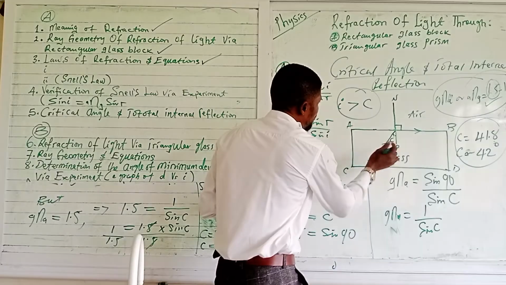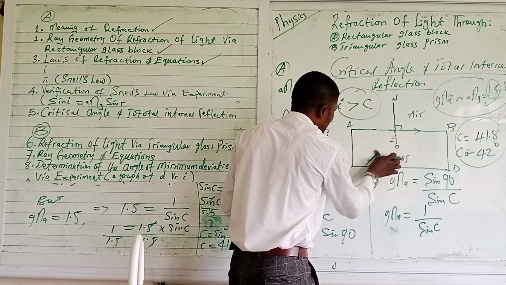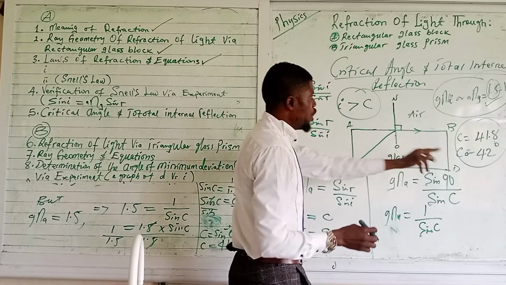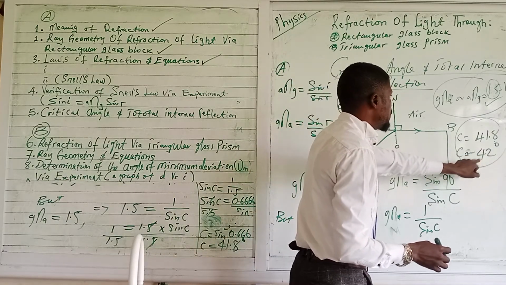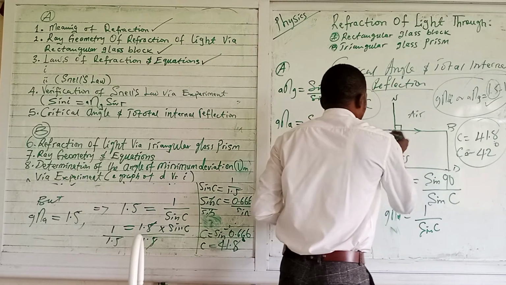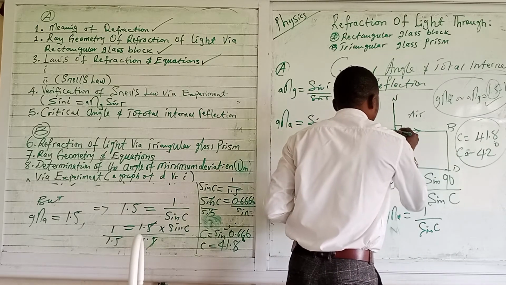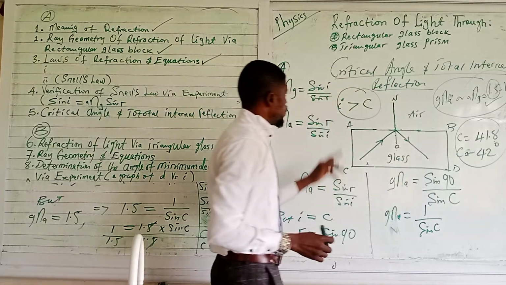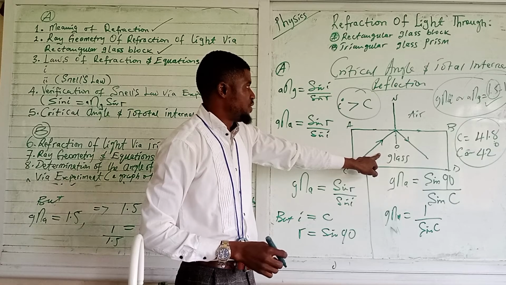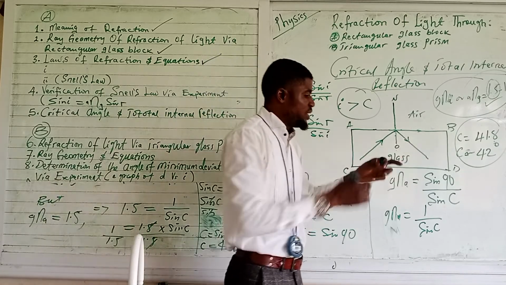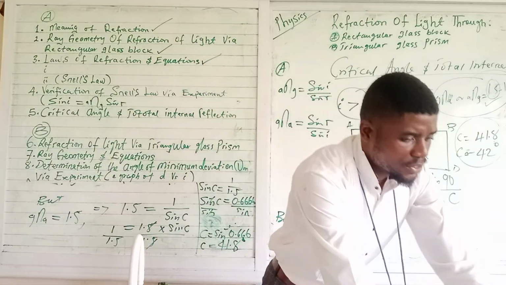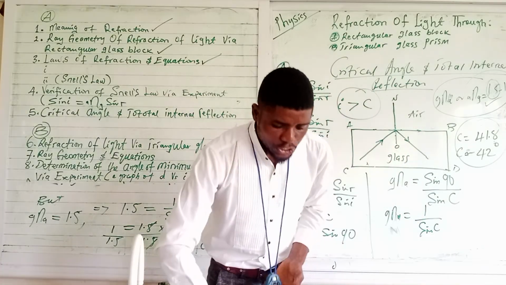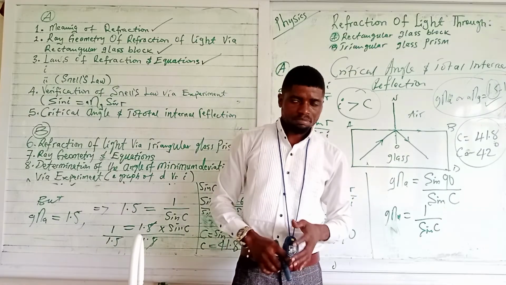In this case, if we shift this line slightly above c, to maybe 43, 45, 46 degrees, then we are going to have what is called total internal reflection. When i exceeds c, the glass medium behaves like a plane mirror surface.